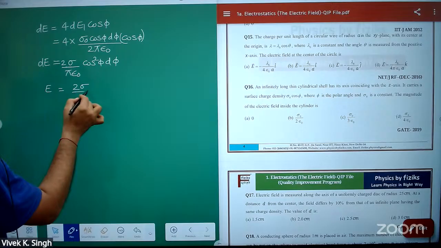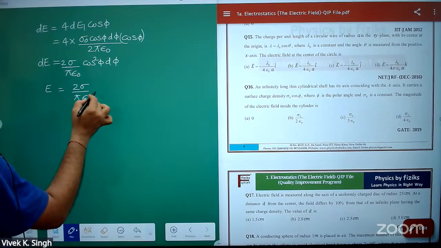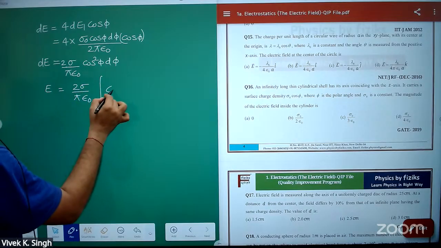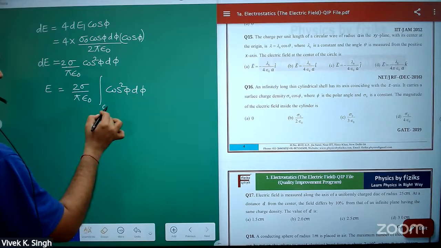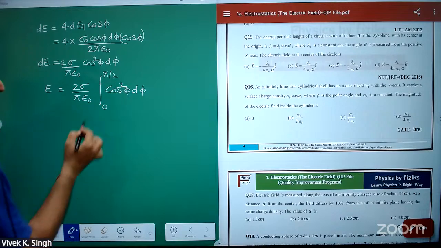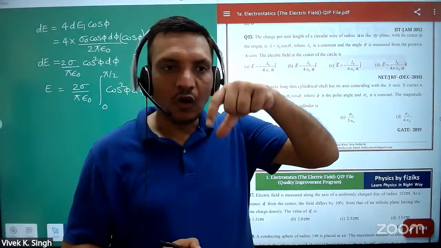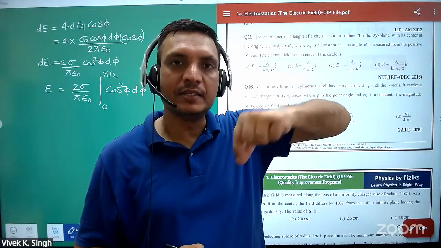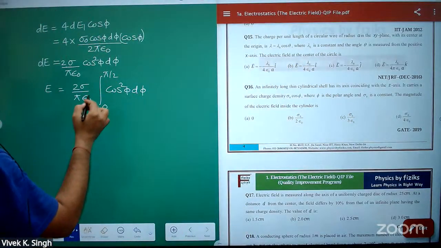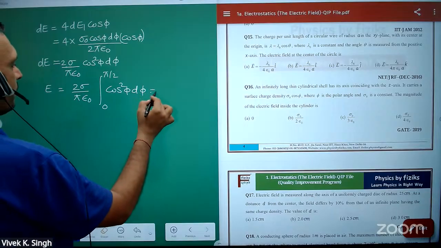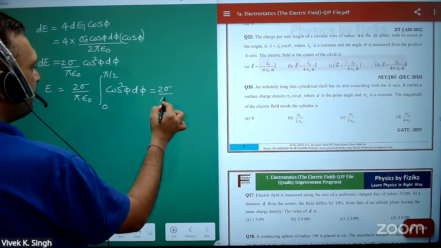So this is 2 sigma naught by pi epsilon naught integral cos square phi d phi. The limit is 0 to pi by 2, because we have taken all 4 segments, each segment 0 to pi by 2. The numerical value will not change.